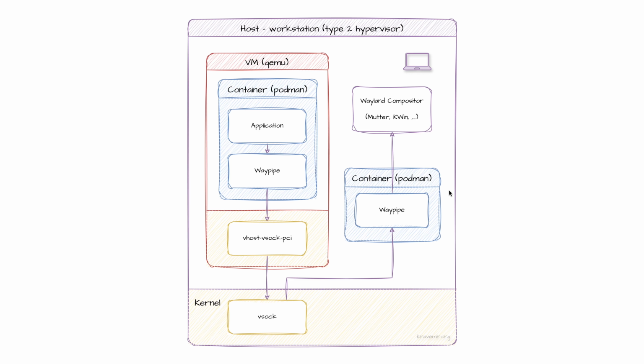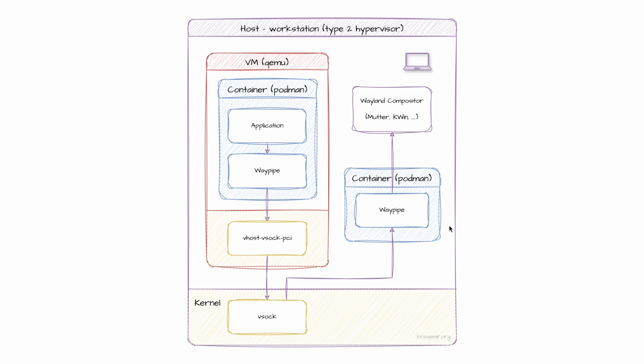Waypipe exposes the host Wayland compositor to the application container, and this works by running one Waypipe instance listening on vSock on the host, and running another Waypipe instance which provides a proxy Wayland server for the application. So the connection to Wayland for the application goes through one Waypipe, through vSock, to the other Waypipe, and this renders it on the host compositor.